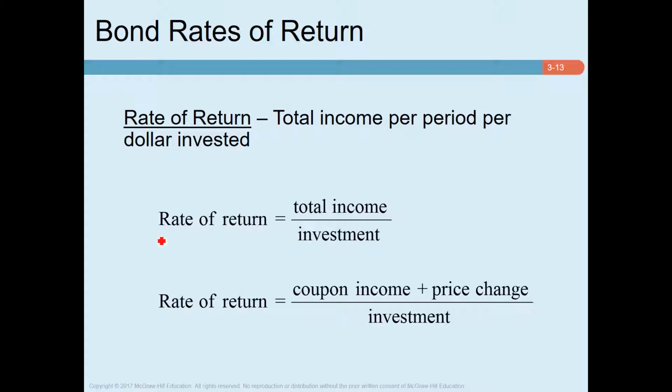So your rate of return is total income divided by investment. As far as a bond is concerned, our income comes from the coupon and also from changes in the price of the bond. So we sum up these two and divide by the investment in the bond to get the rate of return.